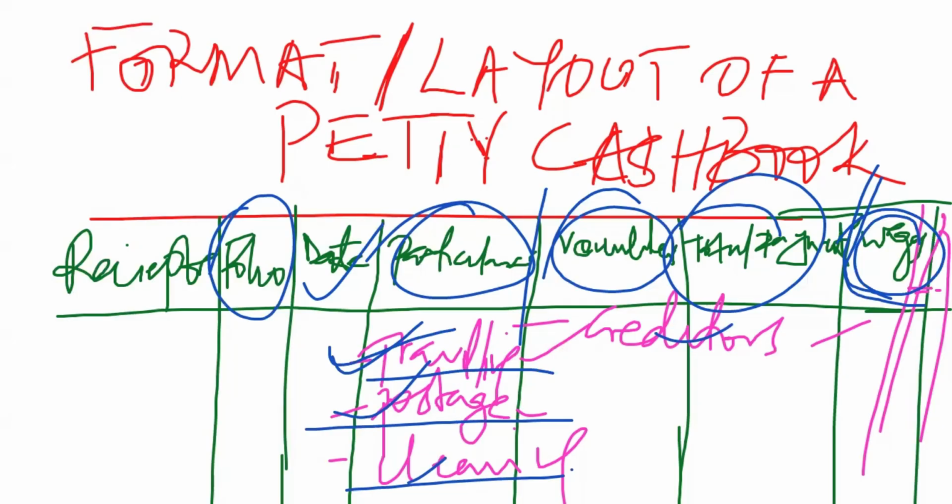So because we have shown maybe 4 analytical columns, then another column for the ledger folio, and the last one will be for creditors. Because under creditors, this column here, we might also have a small ledger folio, but that one I will explain a little bit later.